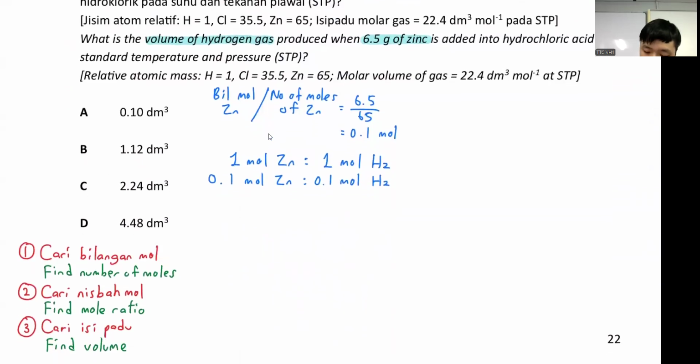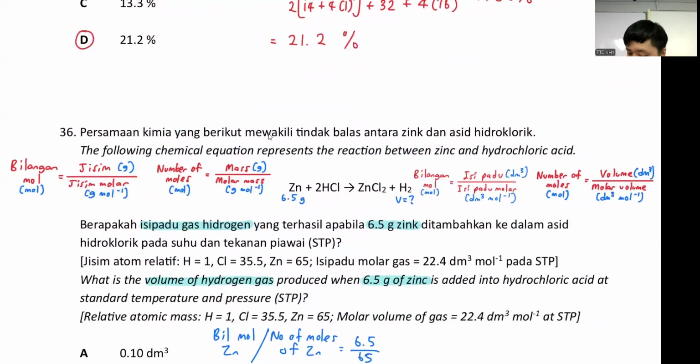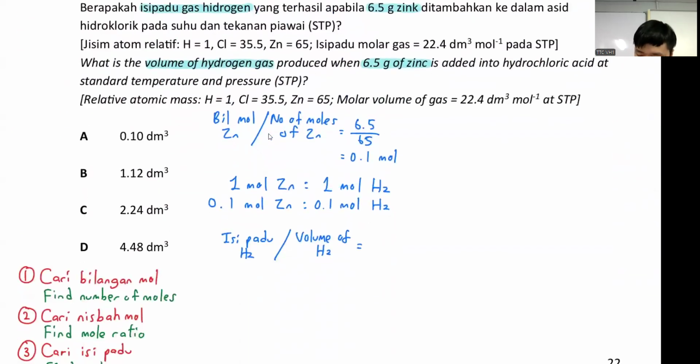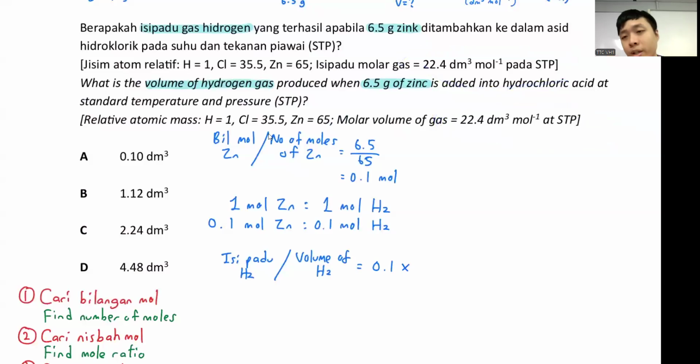So the step is very easy. Volume of H2. Number of mole, how much? Just now 0.1. 0.1 multiply molar volume. Normally you got two options: 22.4 at STP, standard temperature, and 24 at RTP, room temperature.